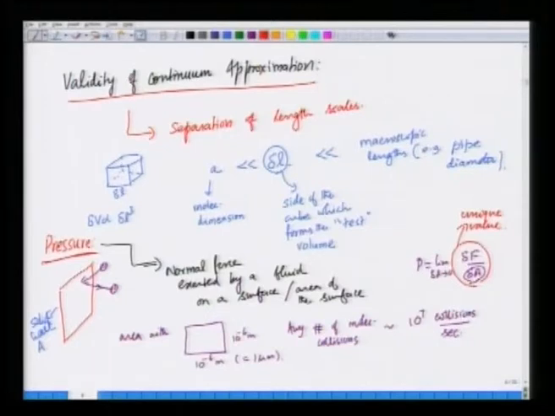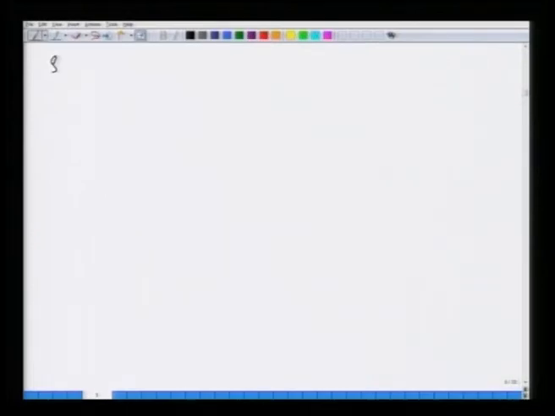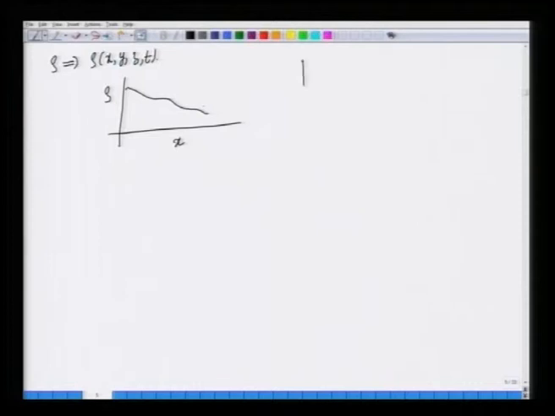Now, once we define the continuum approximation, we can express density as a smooth function of x, y, z and time. Okay. So, as an illustration, I am just showing that density can be plotted as a smooth function of one spatial coordinate x, and so is pressure as a function of, let us say, z, and so on.